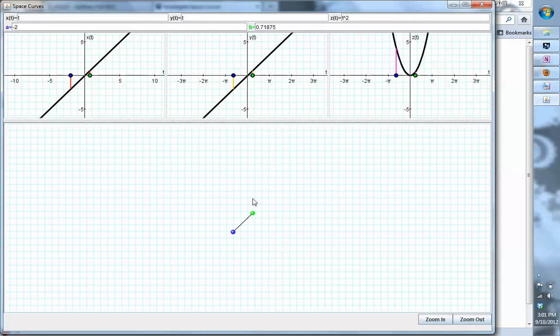Let's stretch this out a little bit. Let's look at it in the XY plane. In the XY plane, it looks like a line. Does that make sense? That's y equals x, exactly right.